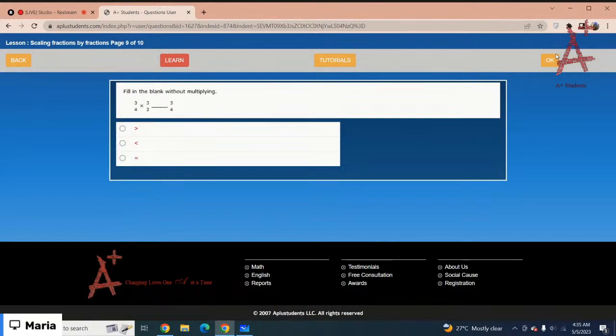Okay, 3 by 4 times 3 by 3, and you have to compare it to 3 over 4. So 3 over 3 equals 1. Got it? That means both of the fractions are exactly equal.